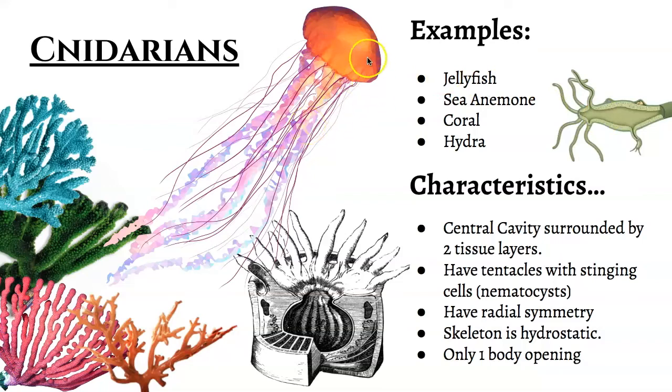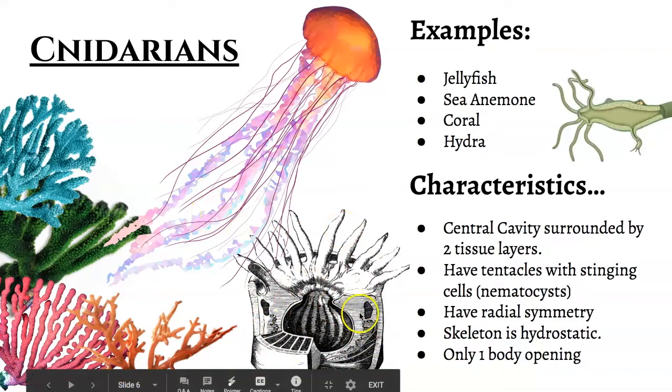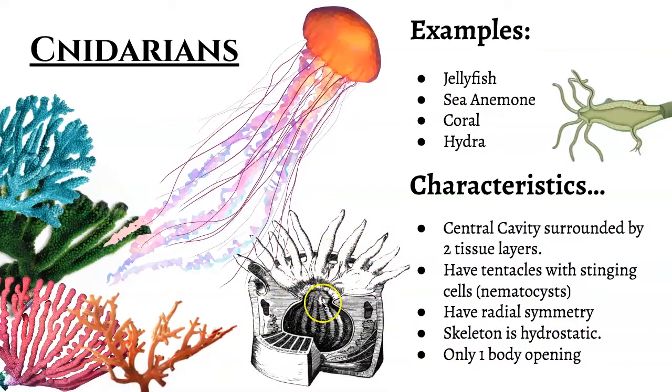Nonetheless, a medusa body plan just means that it has this umbrella shape at the top and it has these tentacles, whereas a polyp is just going to have this body plan here and the tentacles up top close to its mouth. They all have tentacles close to their mouth, whatever they are.